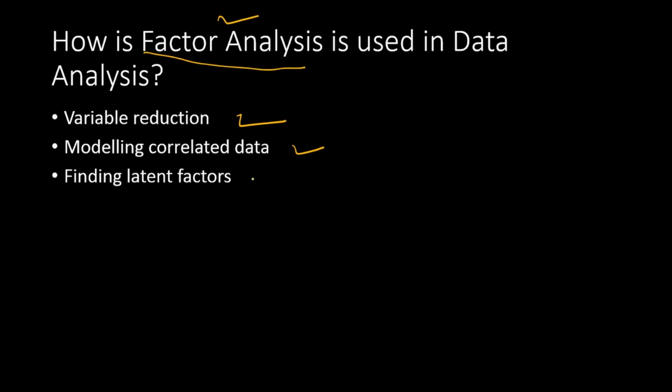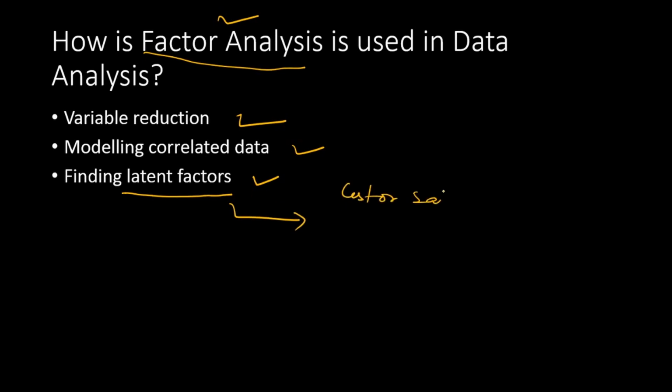And the last use, which is more technical in nature and less understood, is finding out the latent factors. Factor analysis helps you find out the unobserved or hidden factors behind certain events or occurrences. For example, say there is customer satisfaction.